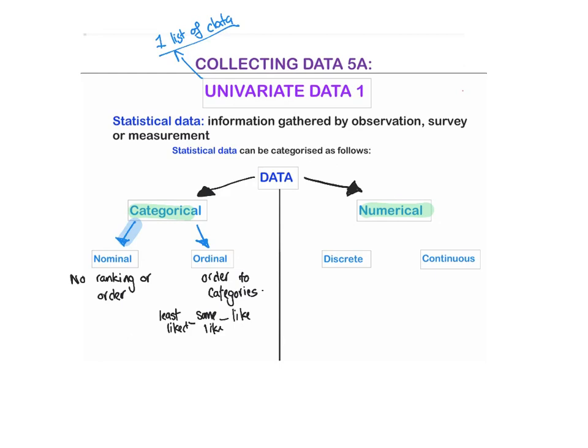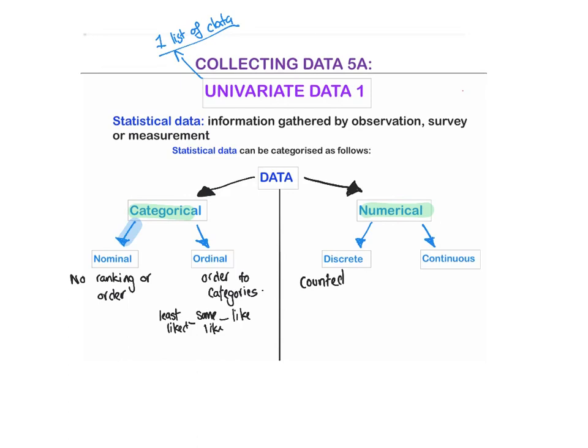Now, numerical data you can break up into what we call discrete and continuous. The best way to know whether it's discrete is that it's counted. Say, for example, I asked each one of you how many TVs you had in your house.